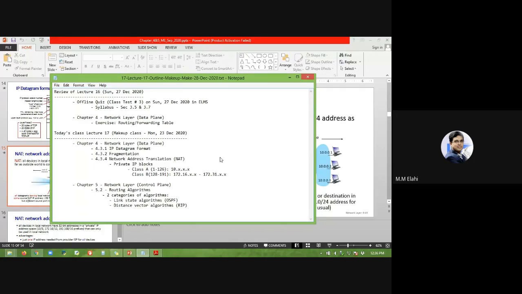This is only reserved for private IP. Anybody can use. Similarly, for class C, that is 192 to 223, we know this block indicates class C. For this block, 192.168.x.x. So clear? If you see 192.168, that is a private IP.